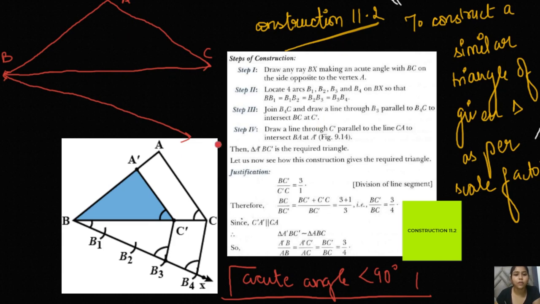Now, in the first construction, we drew the number of arcs we obtained after adding the ratio. In this case, let's suppose we are given a ratio like 3:4. You have to draw the number of arcs equal to the greater of the two numbers. Among 3 and 4, 4 is greater, so you have to draw 4 arcs.